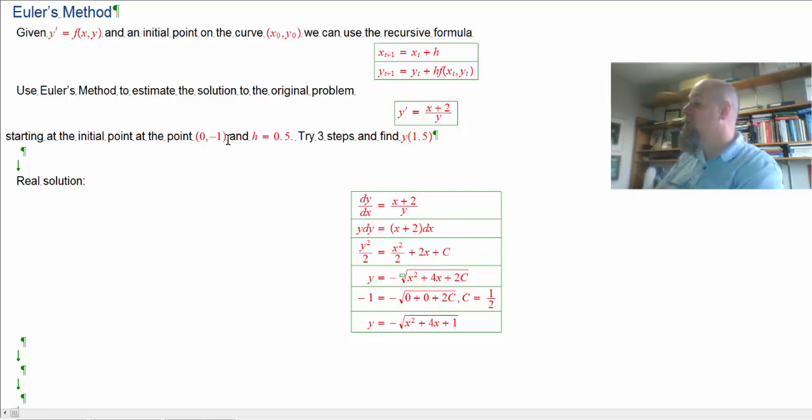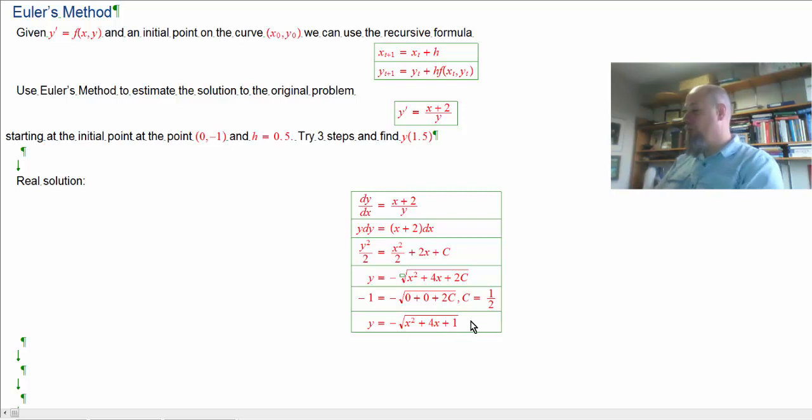I've got the initial condition. I plug in the initial condition, solve for y for my explicit. Notice when I square rooted, I purposely took the minus. When I square root, plus or minus square root, I took the minus. That gives me a constant of a half. Here's the solution. It solves this differential equation and goes through the point 0, minus 1.